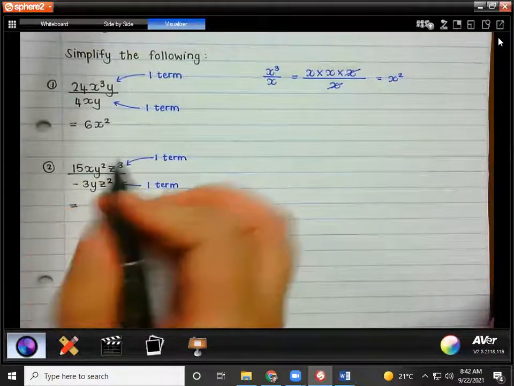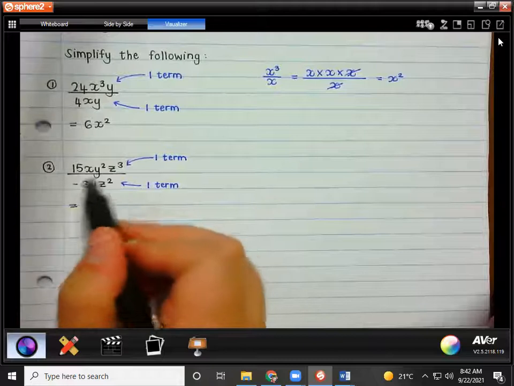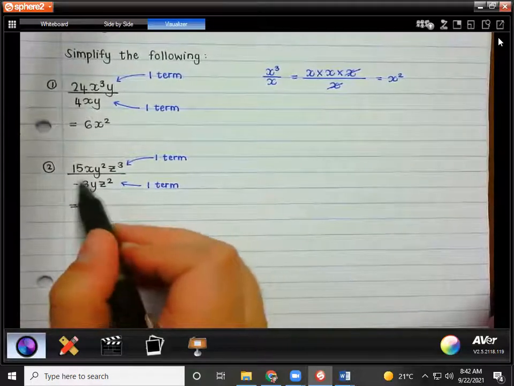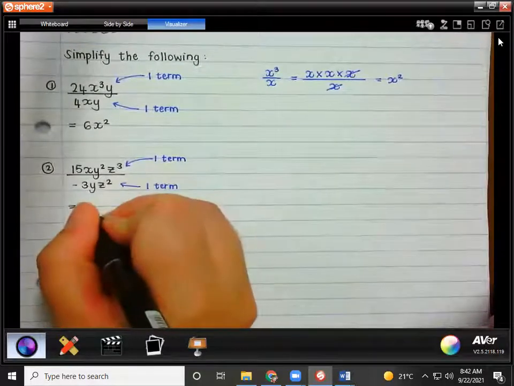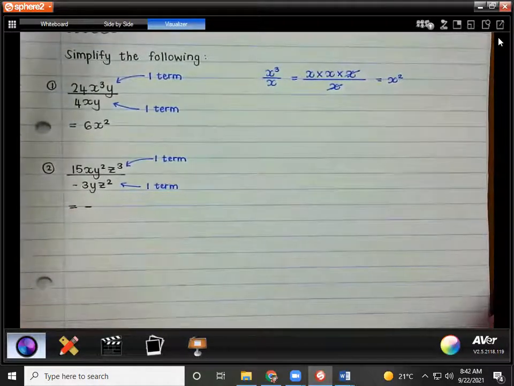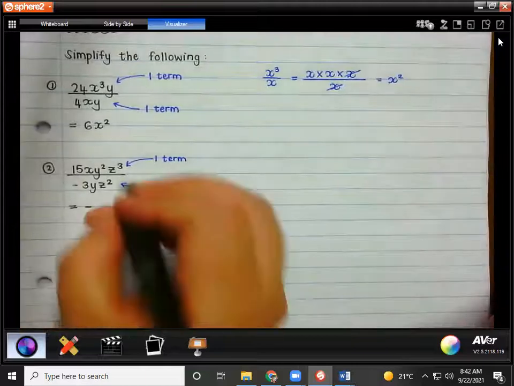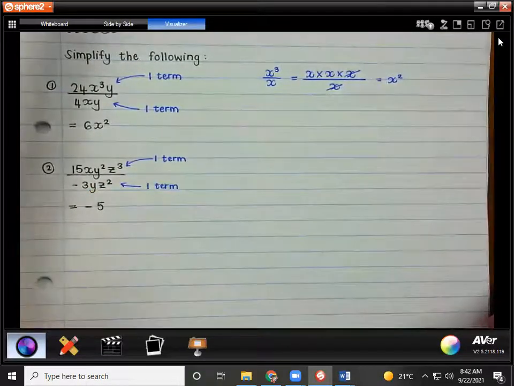What is 15 divided by negative 3? What's a positive divided by a negative? It's a negative, right? So we know that our answer definitely has to have a minus in front. 15 divided by 3 is 5.